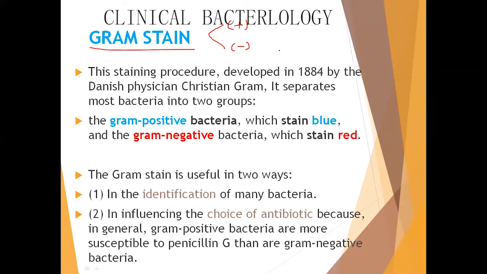By this way, we identify different kinds of bacteria, and for different kinds of bacteria, we can use different kinds of antibiotics to kill them. So that's the first step: we try to separate or identify with Gram staining. Let's go to our video first.